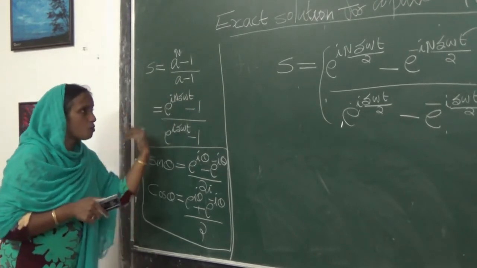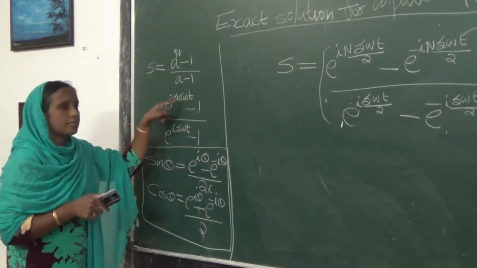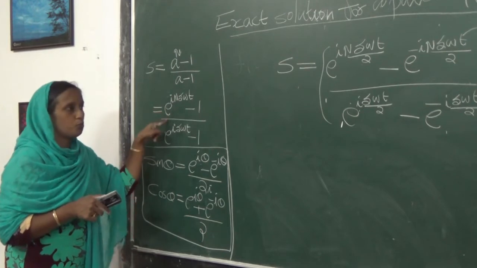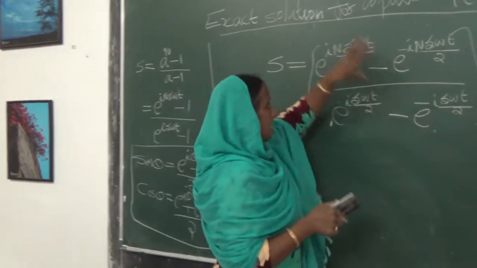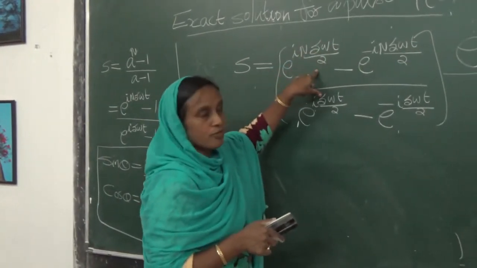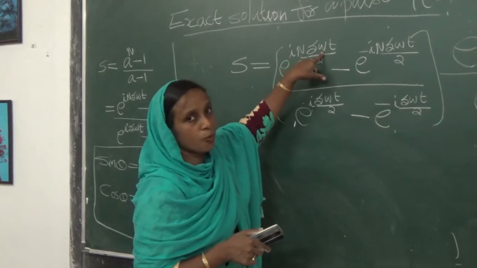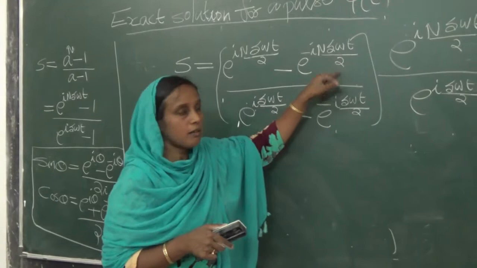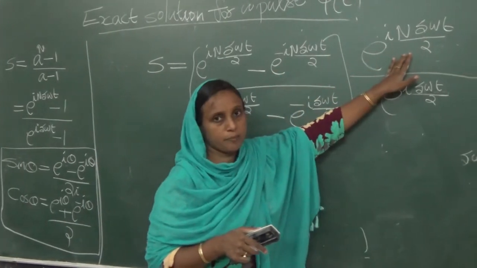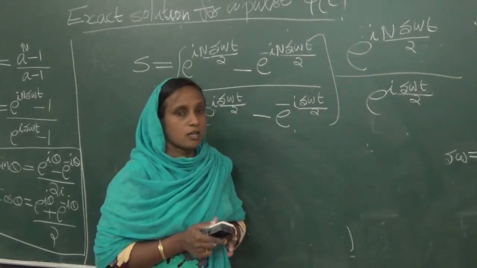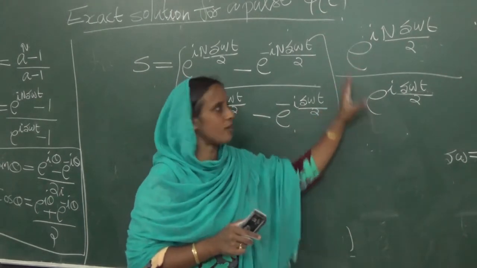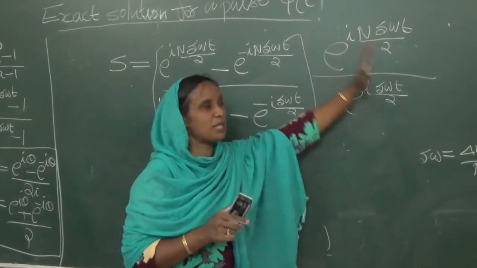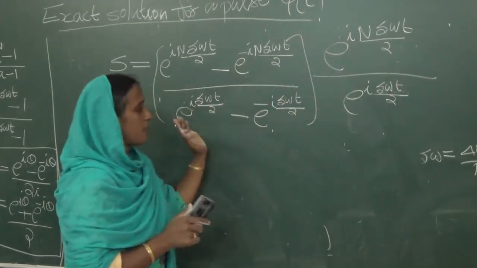We are taking out e raised to i n delta omega t by 2. So if you take that out, you here only have e raised to i n delta omega t by 2. So here comes a minus sign and the taking out part here. Now once again you can simplify this part first and then this part.